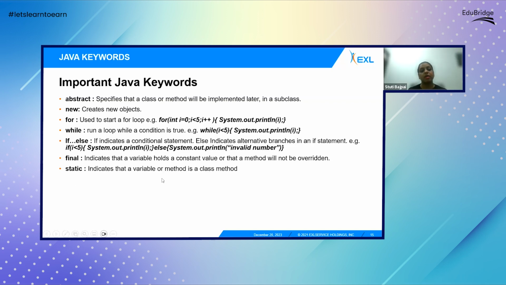And like I said, static indicates a variable or method is a class method. Now, when I keep saying class method and that it doesn't belong to an object, how does the execution actually work? When your class is loaded in the JVM, the first things that are loaded are the static blocks, which means they're executed as soon as the class is loaded in the JVM. So whenever you change the value of a static variable, the other objects accessing this variable will see the same value.